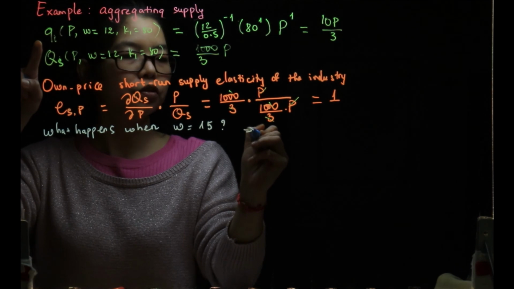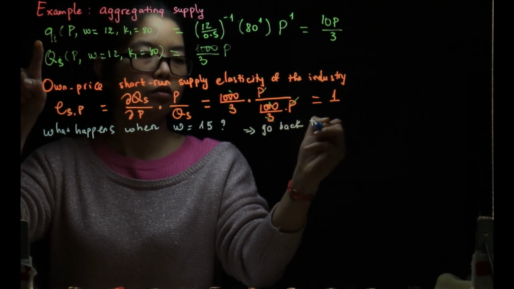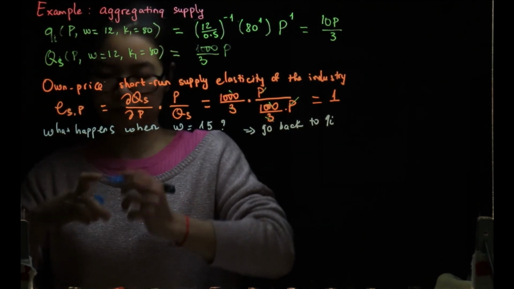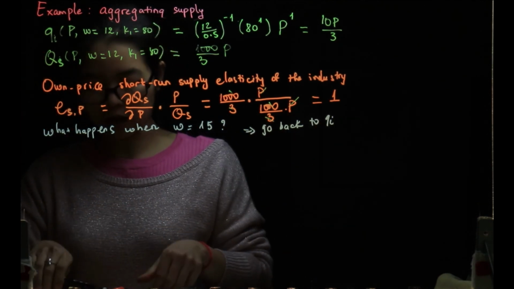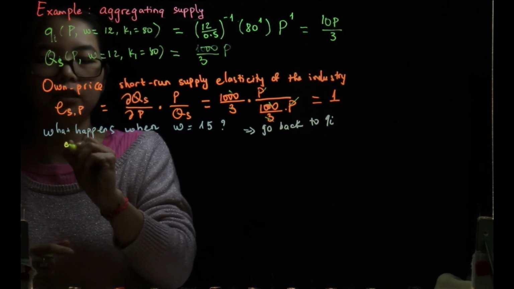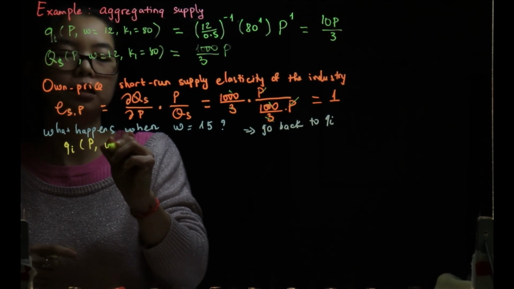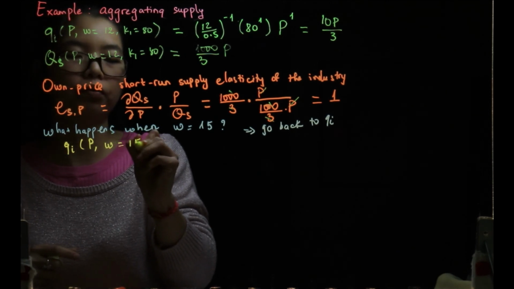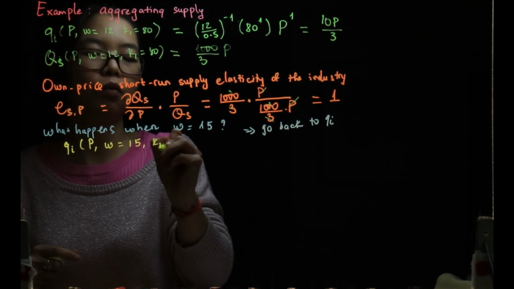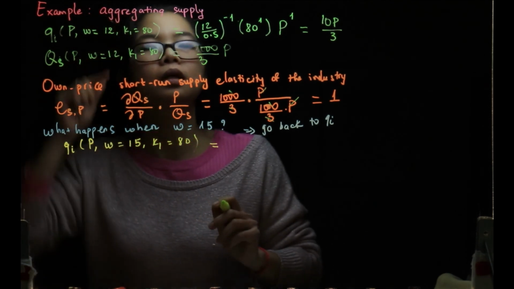We need first to go back to QI. So in that case, we would have QI, P, W is now 15, K1 remains 80, equals.